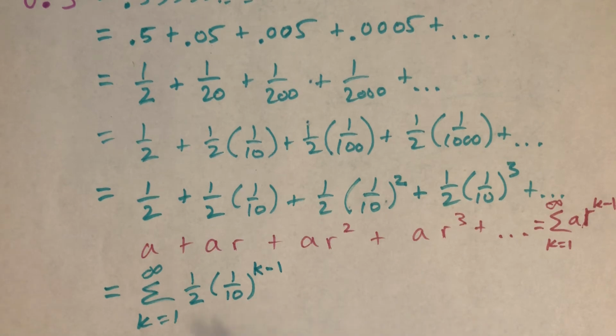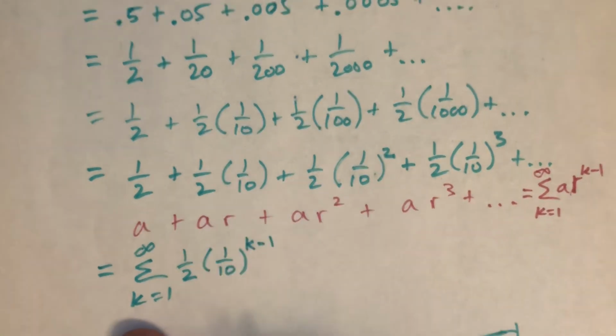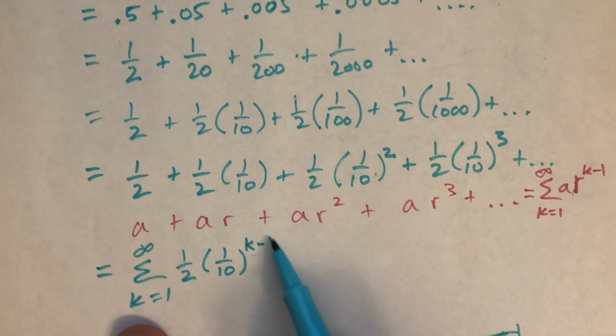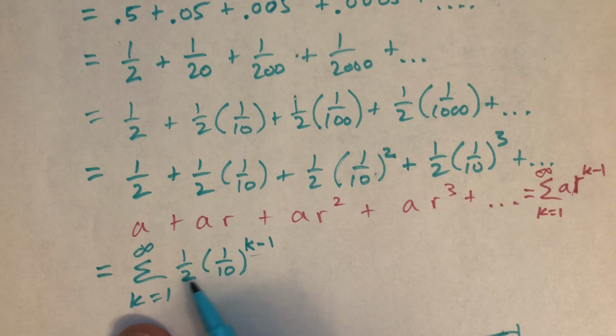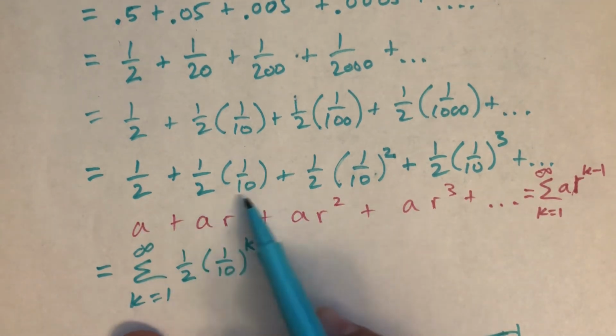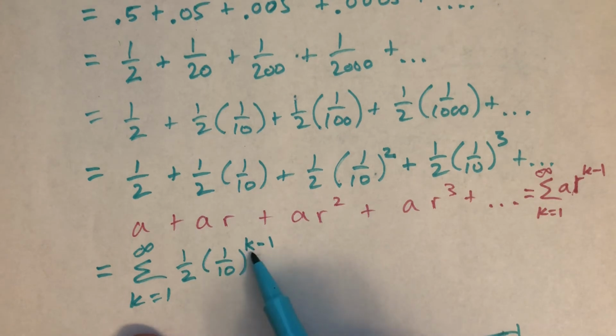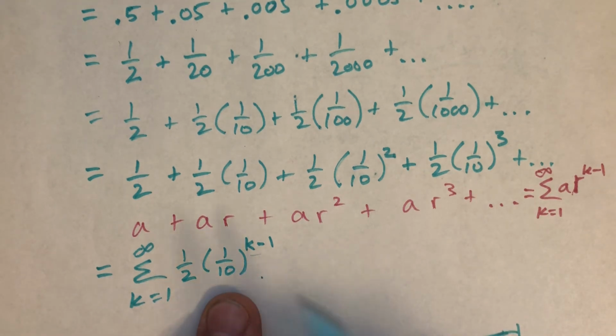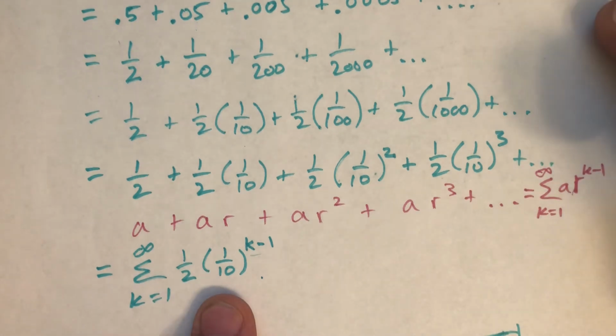We can go through and verify that we get the right stuff. If I put in k equals 1, I ought to get this term. Putting in 1 gives an exponent of 0, and anything to the 0 power is 1, so it is 1/2. Putting in 2 gives an exponent of 1, my second term, so it works. Putting in 3 gives an exponent of 2, so that's quickly verifiable. So we can write this as a geometric series with our nice notation.